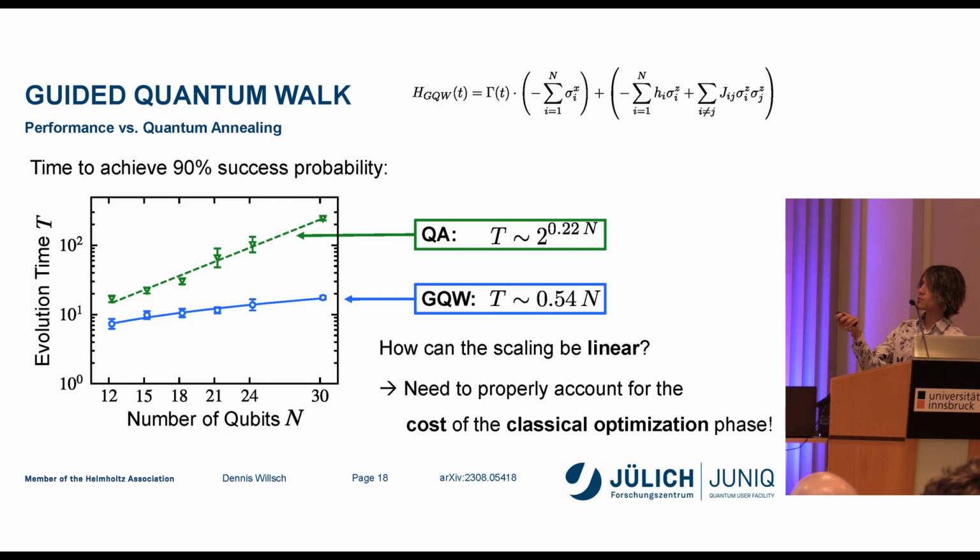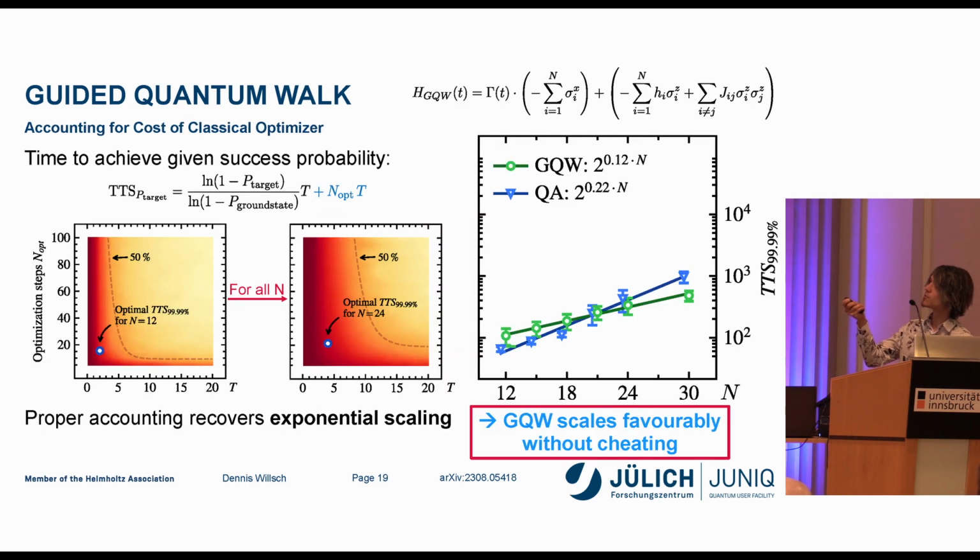So at very short evolution times, we see that the quantum walk is better. Why? Of course, because the quantum walk directly drives amplitude transfer at low energy states. And at these short evolution times, the guided quantum walk is still busy accumulating probability amplitude up here. But after some critical evolution time, in fact, the guided quantum walk takes over.